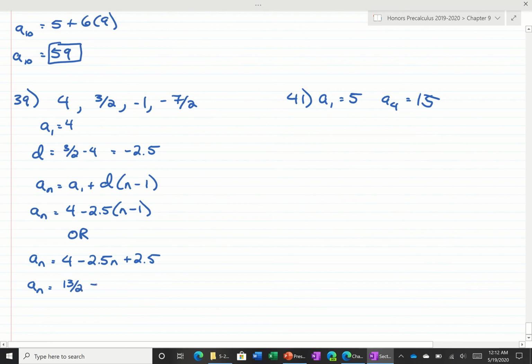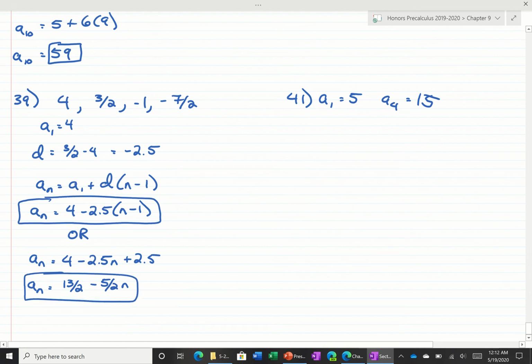And then minus 2/2, or 2.5, is the same thing as 5/2. All right, so really, this is good enough, but you should also be able to convert it to this by just distributing.